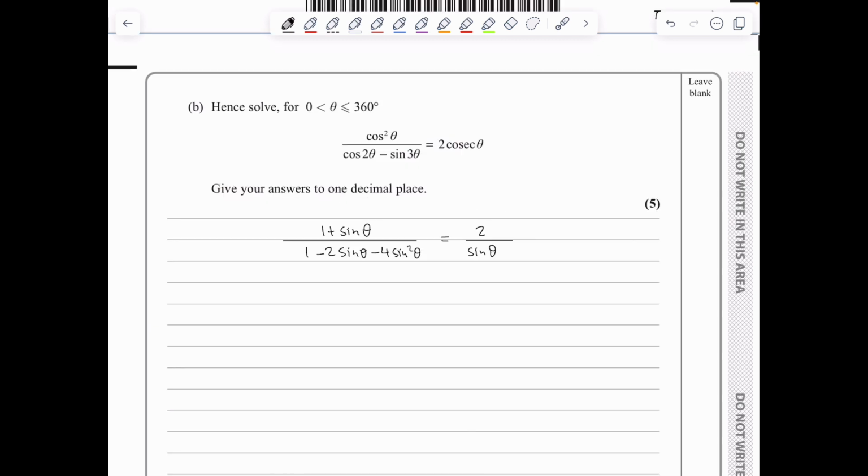I will proceed with cross multiplying, so we've got sine theta brackets 1 plus sine theta is equal to 2 brackets 1 minus 2 sine theta minus 4 sine squared theta.